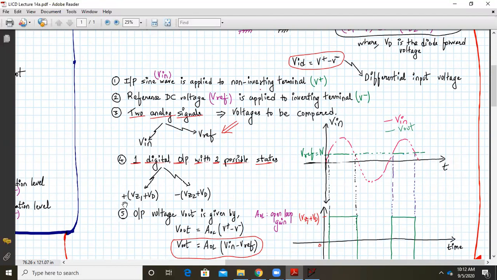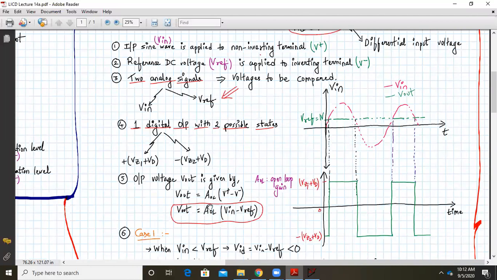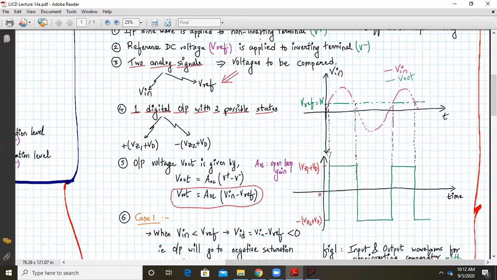One state is at VZ1 plus VD. The second state is at minus of VZ2 plus VD. So this is the scenario currently. My V out is AOL times V plus minus V minus, that is V out equals AOL times V in minus V reference. That is the equation of V out.